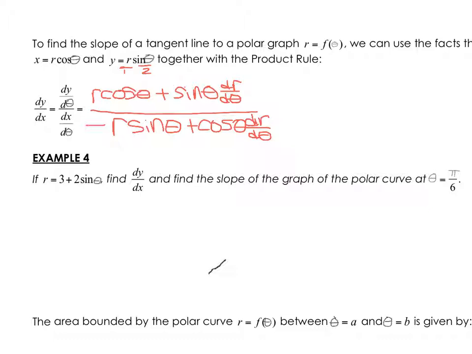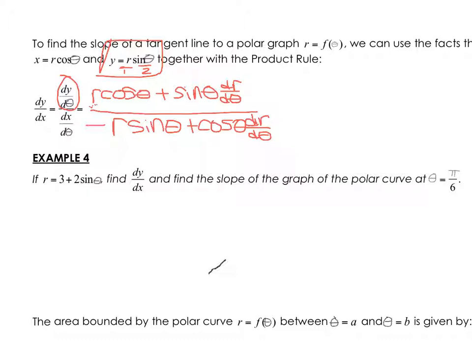Let's first take a look at the top part here, the dy/dθ. Since I'm working with y, I want to work with the y equation up here. In that y equation, r is my first term and sine theta is my second term. So you could say first times derivative of the second. The first is r, so that's where I got this r from. So r times derivative of the second.